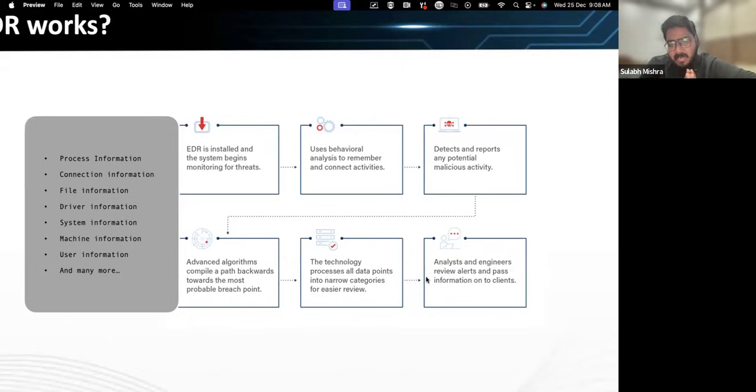EDR also has antivirus features. It is the combination of antivirus features with additional detection capabilities, which we will see in some time. It uses analytical behavior, behavior-based analysis, and threat intelligence, and then it will create the detections.